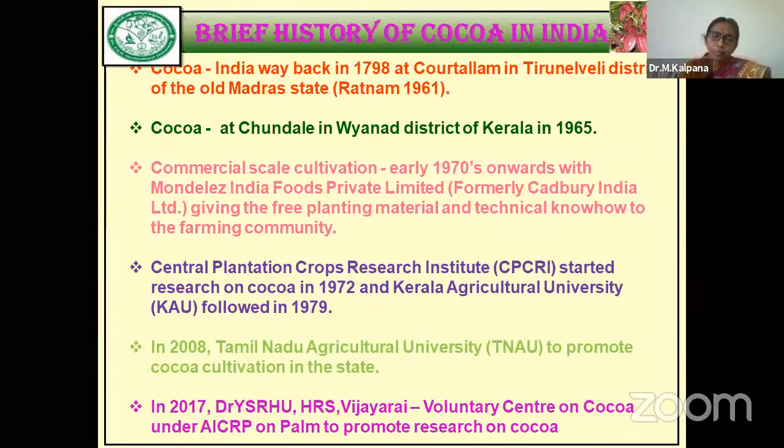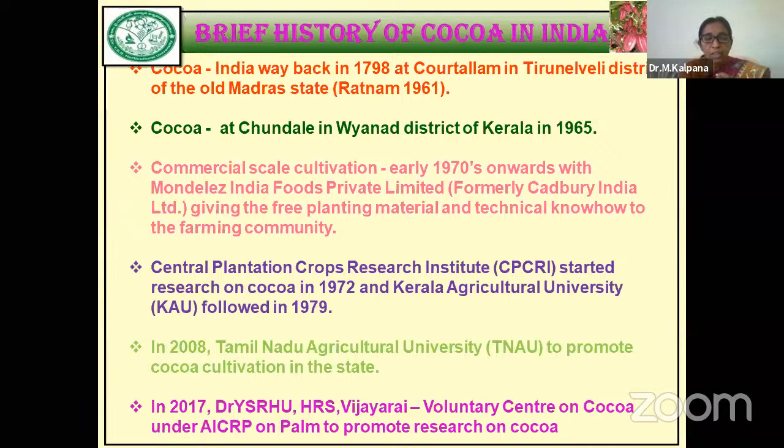Then the Central Plantation Crops Research Institute started a research program on cocoa in 1972, followed by Kerala Agricultural University in 1979. Even though the crop was introduced in Andhra Pradesh and Tamil Nadu in the early 90s, much research was not concentrated in AP and Tamil Nadu.